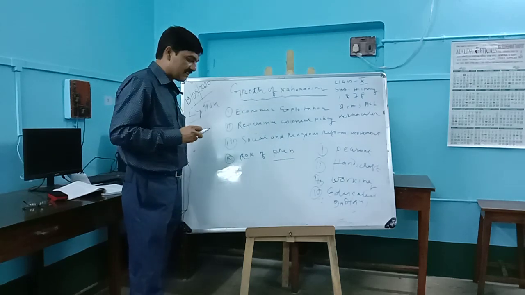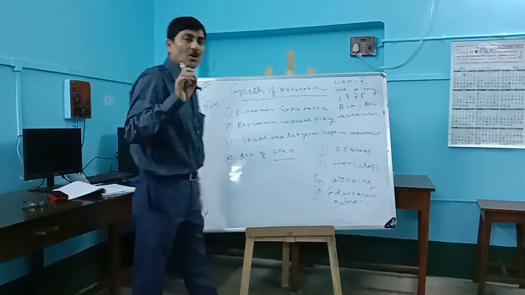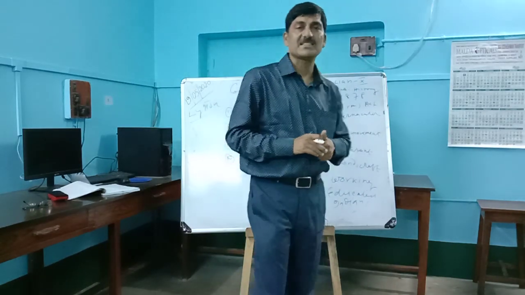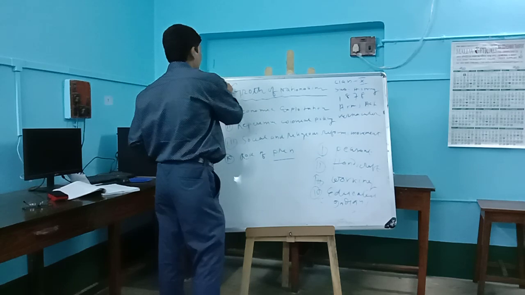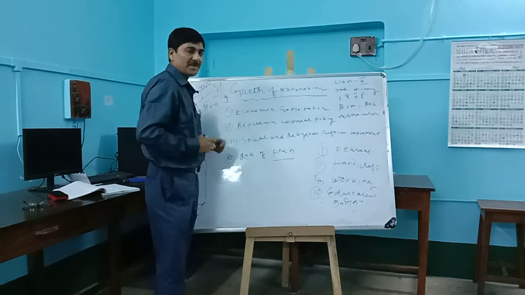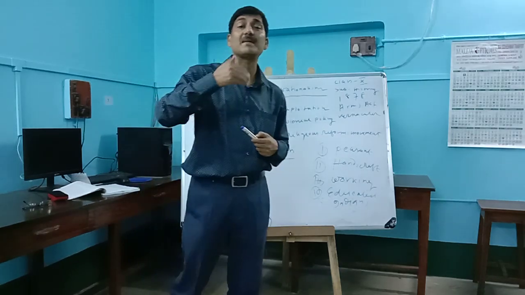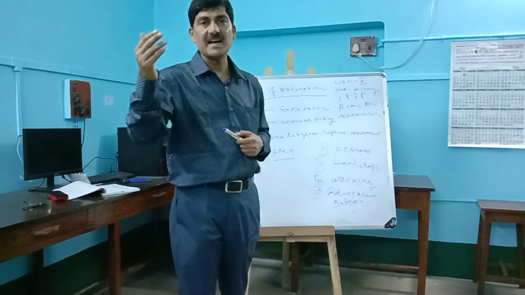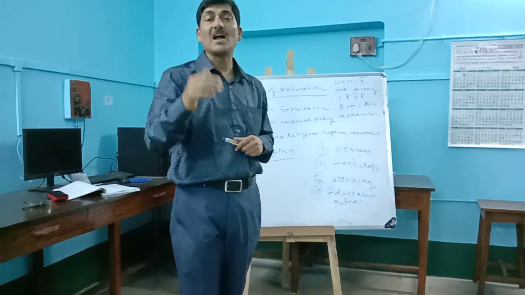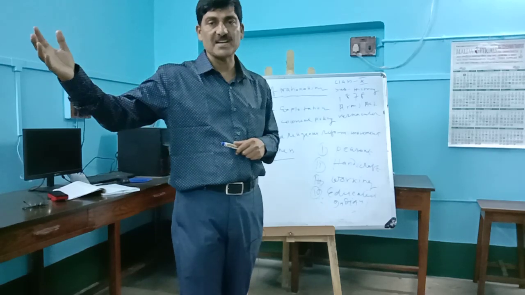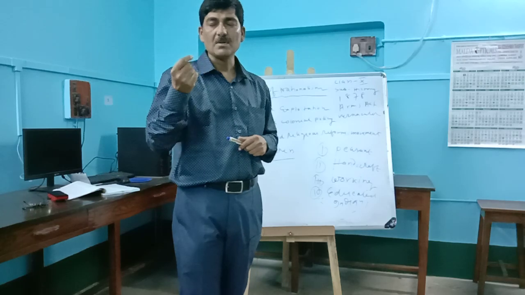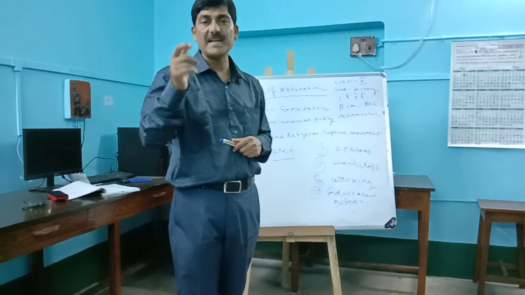The third important policy he framed: Lord Lytton reduced the minimum age to appear for the civil service examination. Earlier it was 21. Lord Lytton reduced the age from 21 to 19. The main purpose of reducing the minimum age was to prevent the Indians from appearing in the civil service examination, because at the age of 19 none of the Indians could complete graduation, and the minimum qualification to appear in the civil service examination should be graduate.